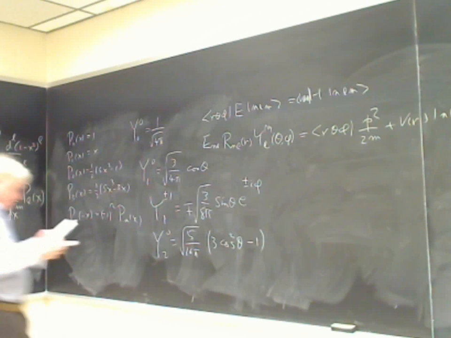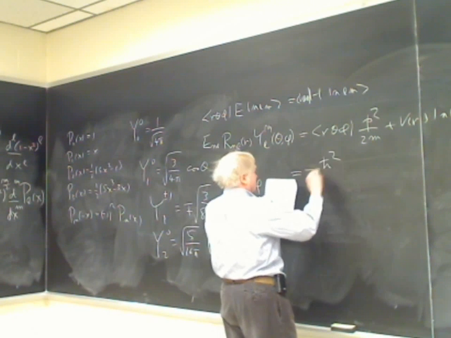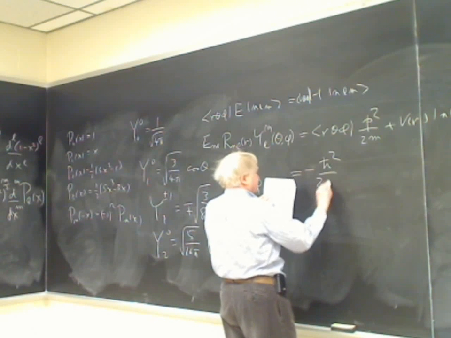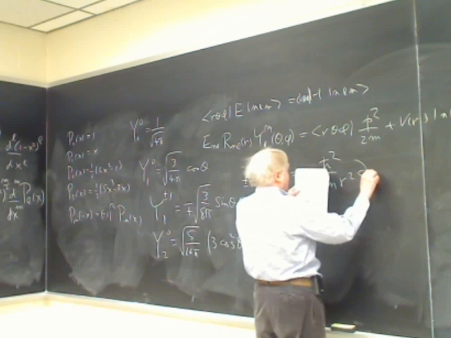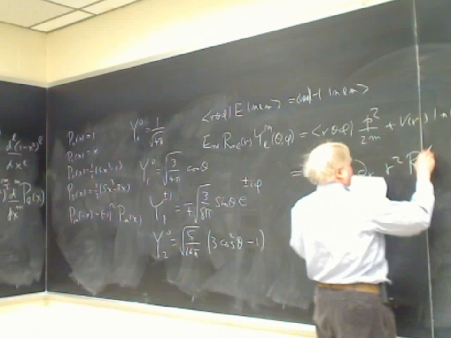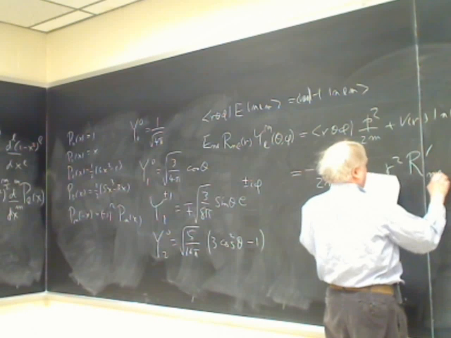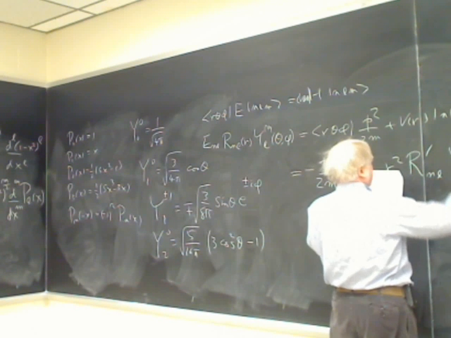And then we still have the V. And so altogether this becomes minus h bar squared over 2m r squared, d by dr, r squared R prime_nl, and then Y_lm.